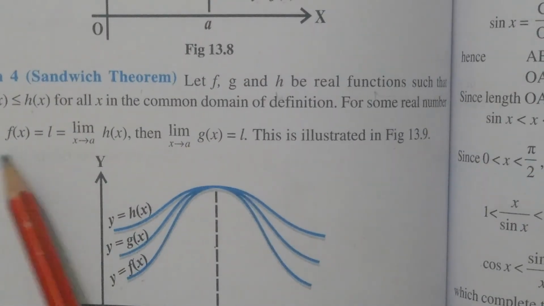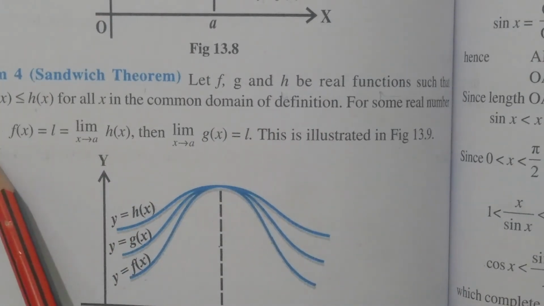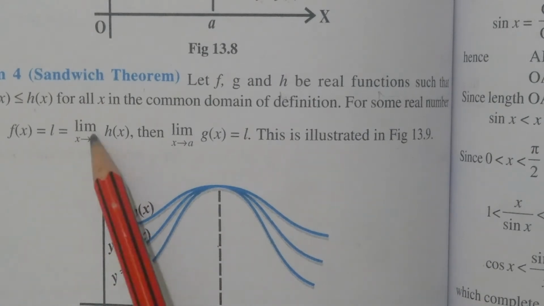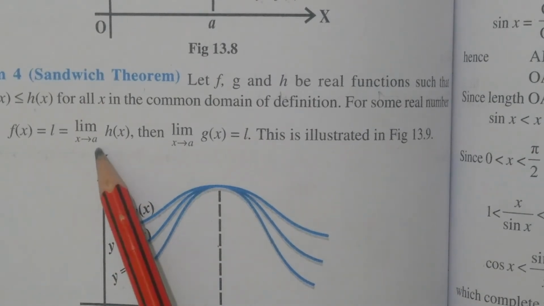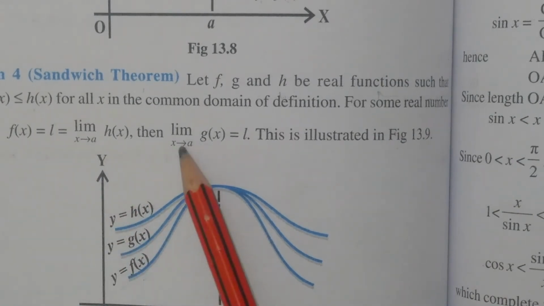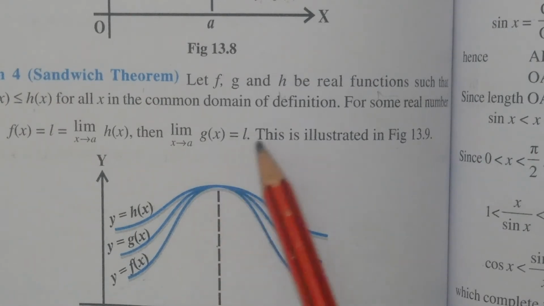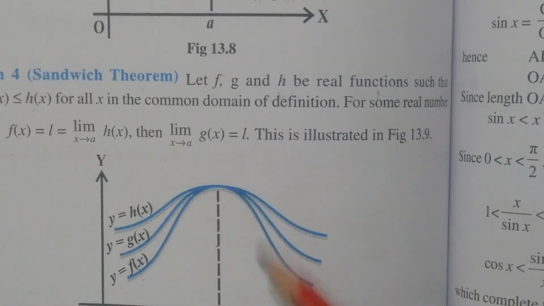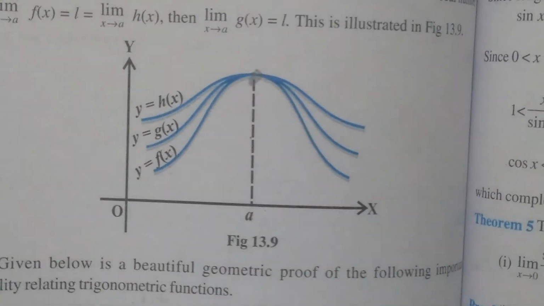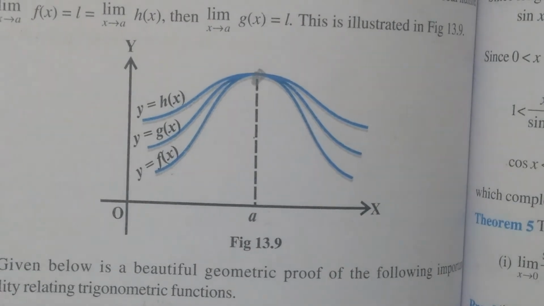So the limit exists: limit x approaches a of f of x is equal to L, that of h of x is also equal to L, and that of g of x is also equal to L. So this is the limit point, at x is equal to a. So this is the introduction.